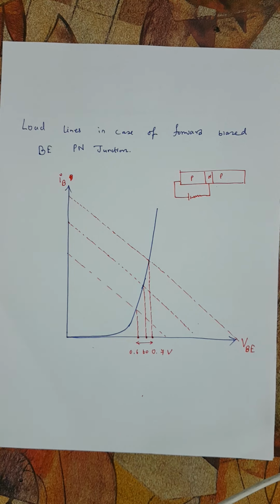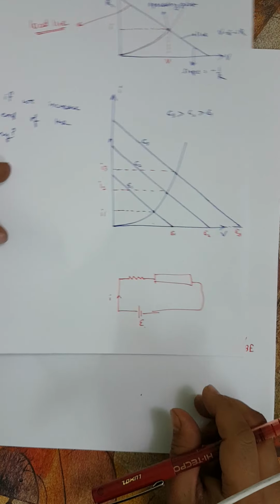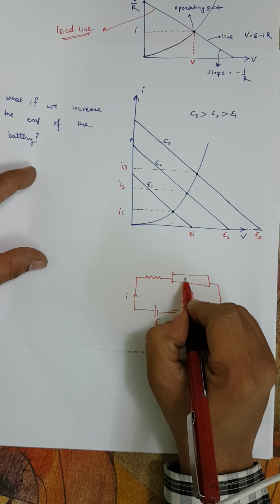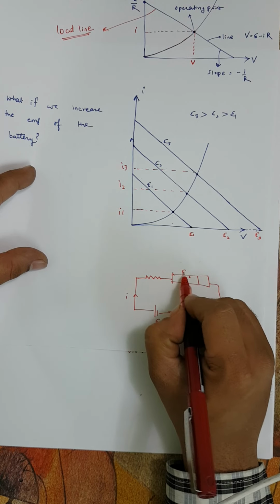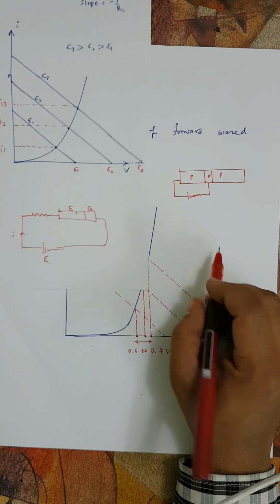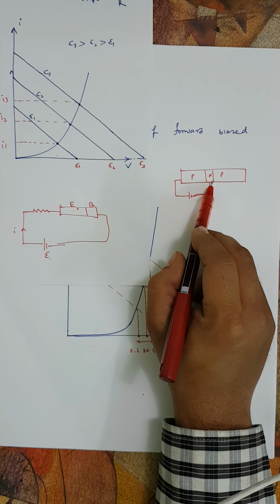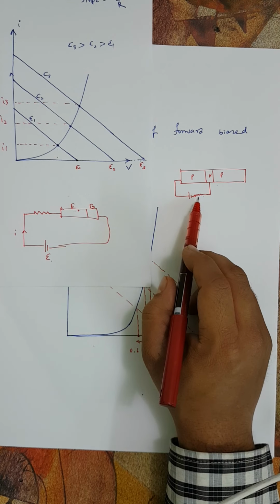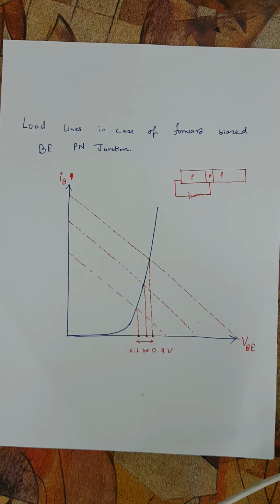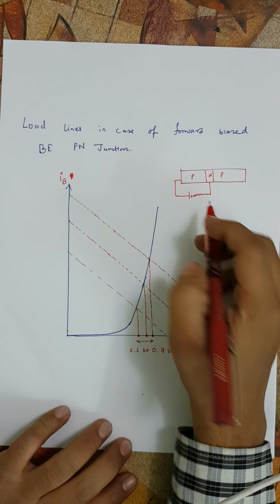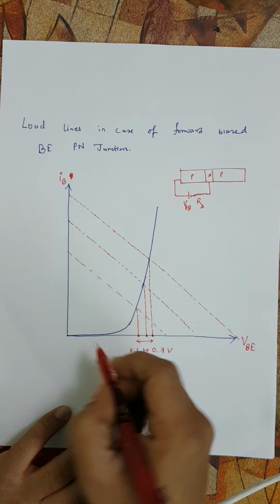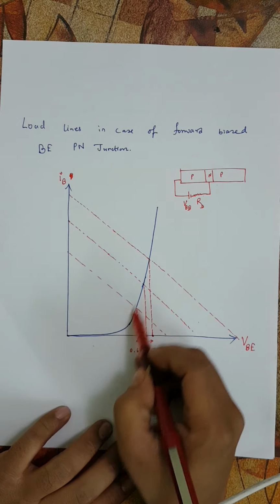You can understand that this circuit is exactly identical to the circuit which I have drawn here, the non-linear circuit element being the PN junction. This is the emitter side and this is the base side. So emitter base, a battery and a resistance. It doesn't matter whether we draw the resistance here or here. So this is the VBB and this is RB, the external resistance, and this is the base emitter PN junction, and these are the characteristics.